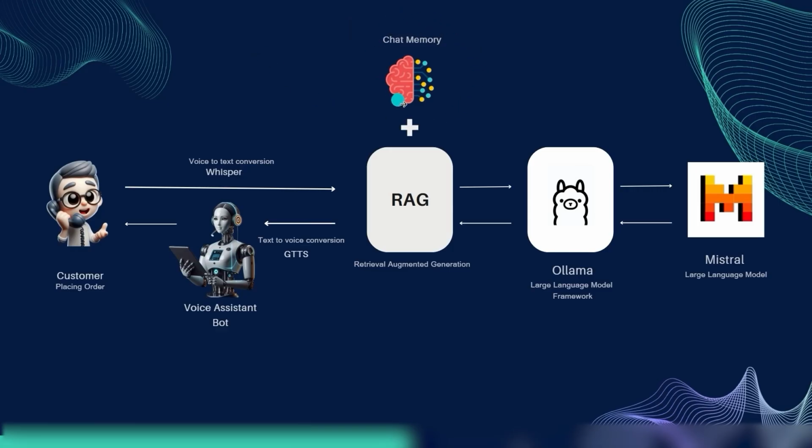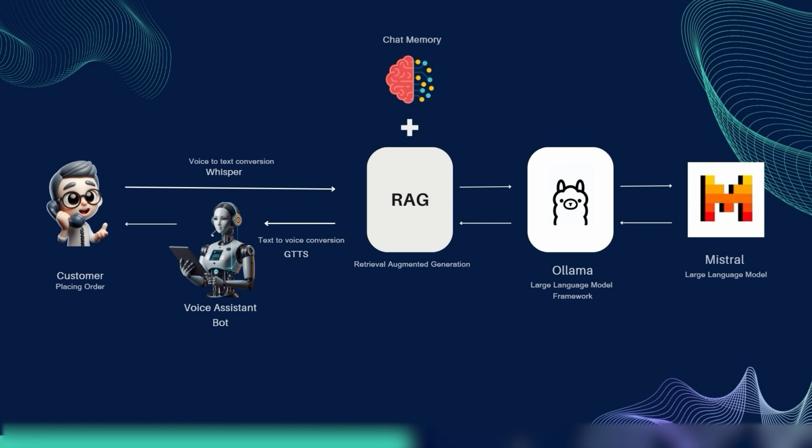So we can see that we have chat memory also in the pipeline, right? Why do we need this? In this use case, think of the customer having a conversation with the bot, and the customer has placed Pepsi. Then the customer keeps placing different items, say after Pepsi he has ordered Coke, or akki roti or idli, whatever it is.